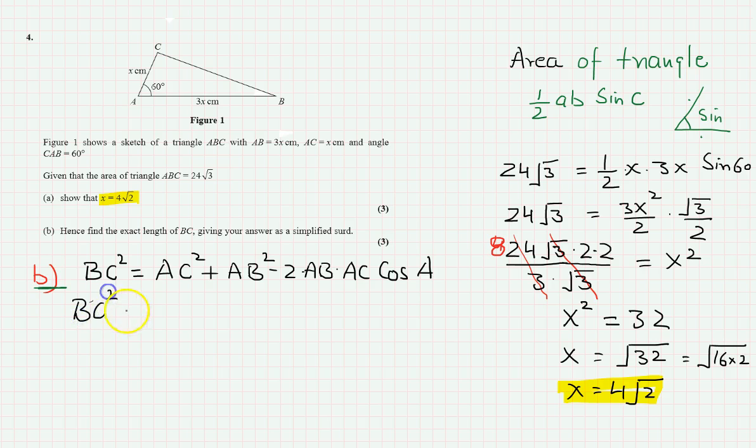So BC square is AC is 4 root 2 and this AB is 3x, that is 12 root 2.